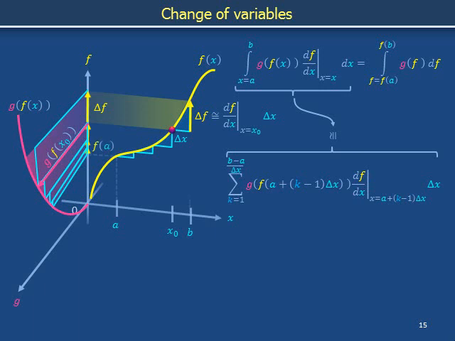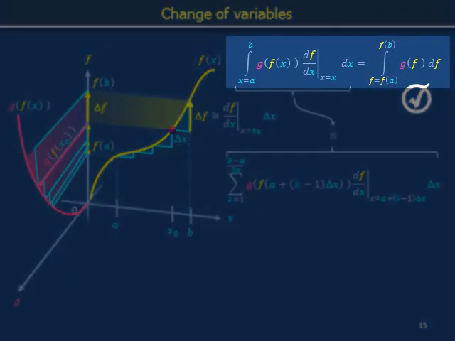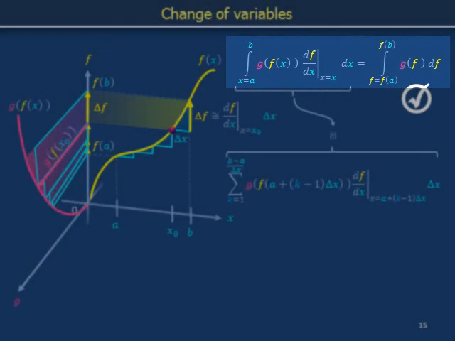The points x equals a and x equals b on the x-axis correspond to the values f of a and f of b on the f-axis. The pink area is the region bounded by f equals f of a, f equals f of b, the f-axis, and the curve g of f versus f. This is the integral from f equals f of a to f of b of g of f df. The integral of g of f of x, df dx is equivalent, when boundaries are specified appropriately, to the integral of g of f df.